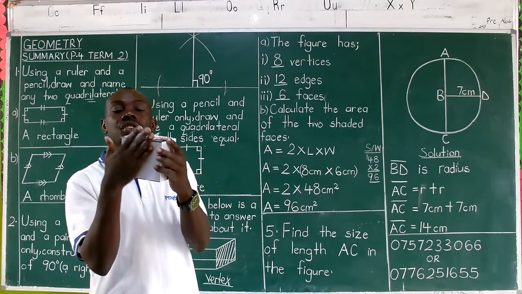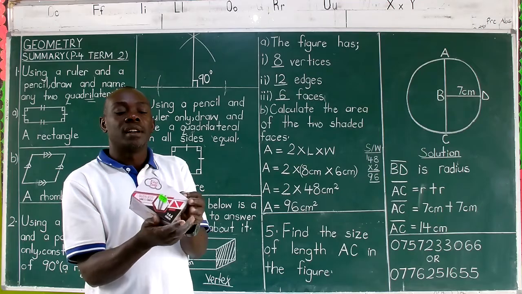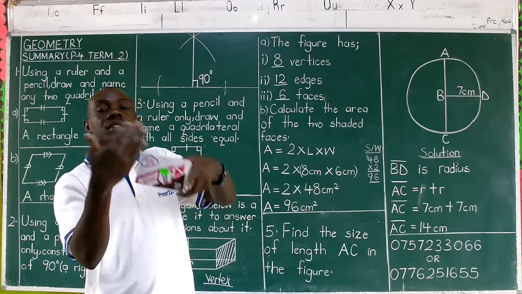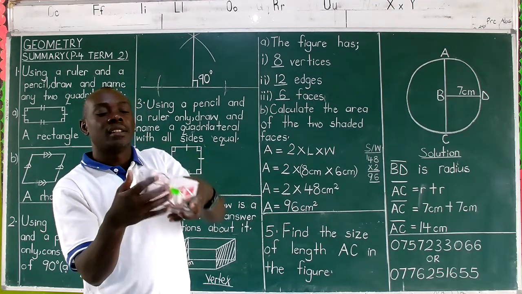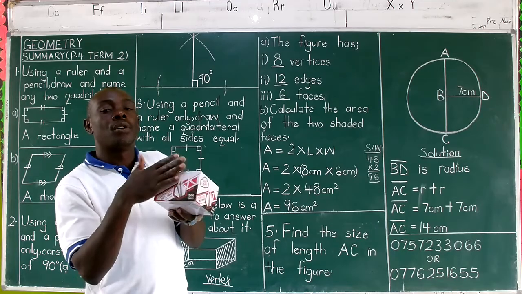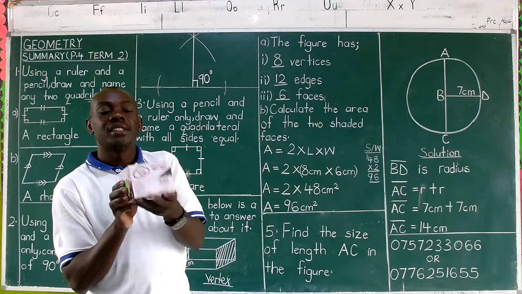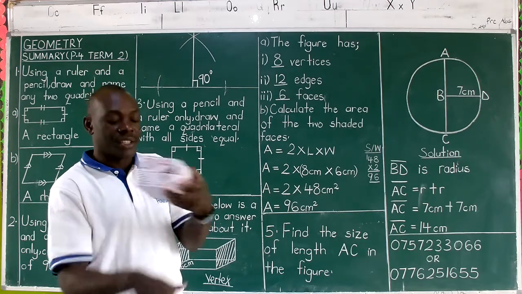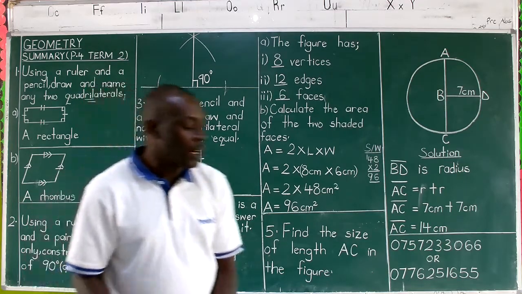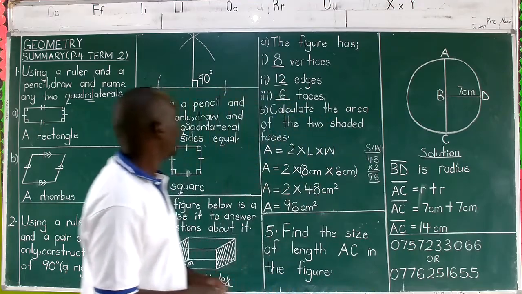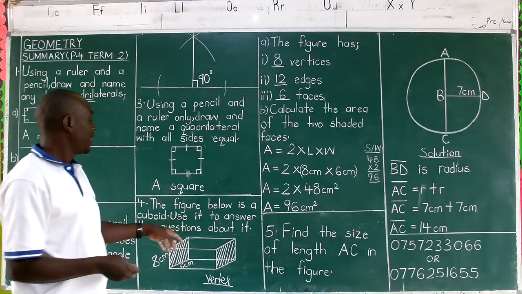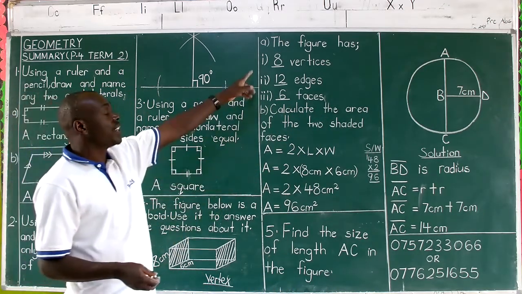Then the back one, 2. Then we go 3. Then we go 4. Then we go 5. This one behind. 6 faces.